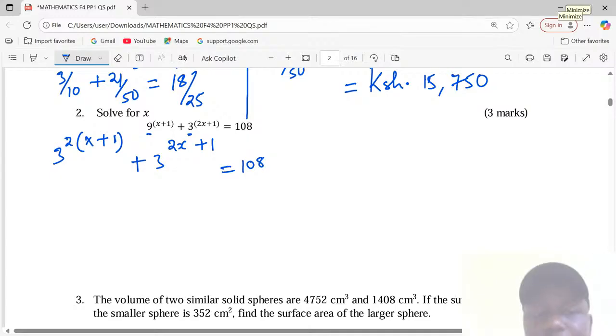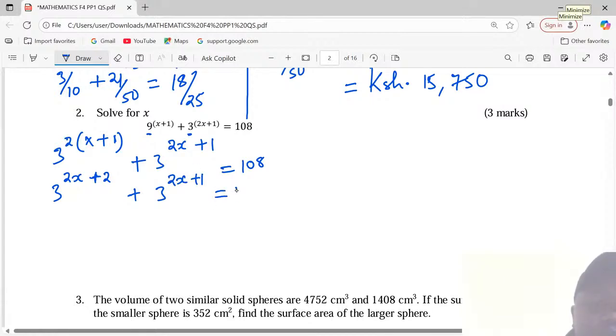At this point, we can introduce some law of indices, whereby we introduce the product law. The product law of indices states that when you have two powers multiplied, we just open the bracket: 2x plus 2, plus 3 to the power 2x plus 1 equivalent to 108.